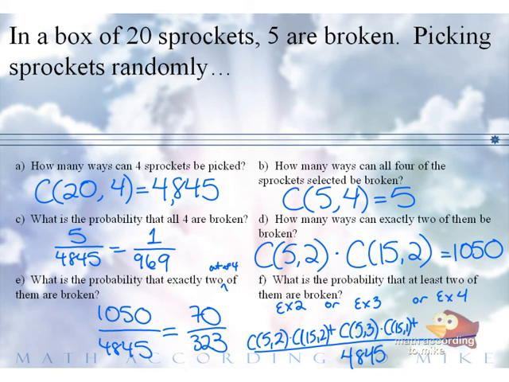Plus exactly 4. Technically this is redundant here to say 15, 0, because the combination of 15 choose 0 is just 1, but just so we have the pattern, I'm going to write that in there. It says out of the 5 that are broken, we're picking 4, and out of the 15 that are not, we're picking 0. And notice that's just part B's answer.